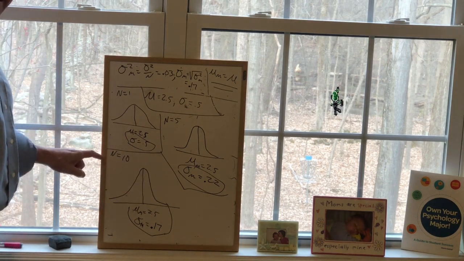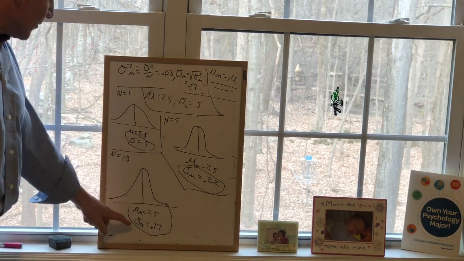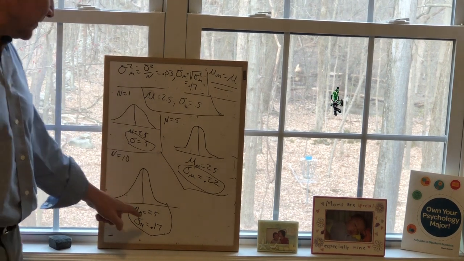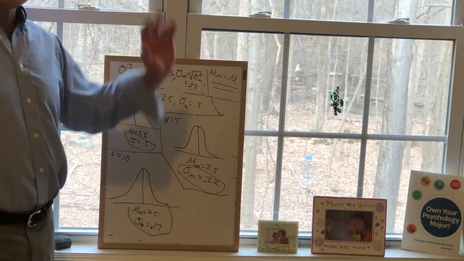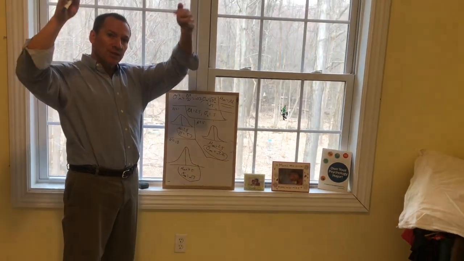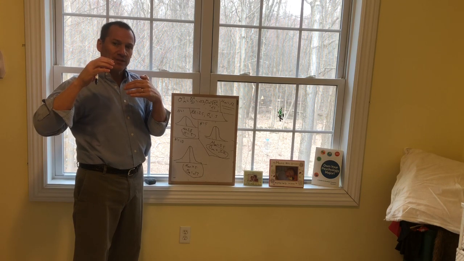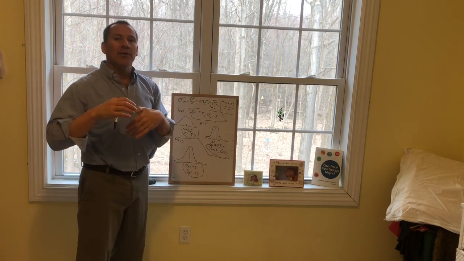If n equals 10, our standard deviation of this comparison distribution, or this distribution of means, now is 0.17. As your n increases, your standard deviation of your distribution of means goes down.